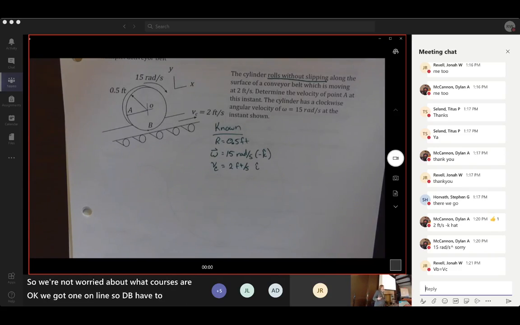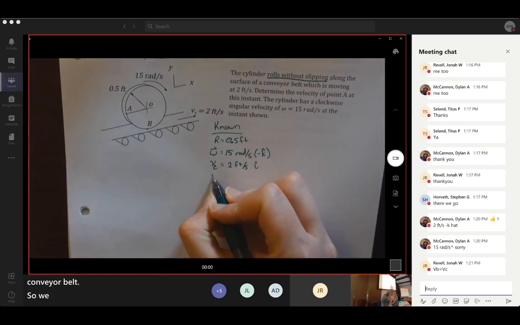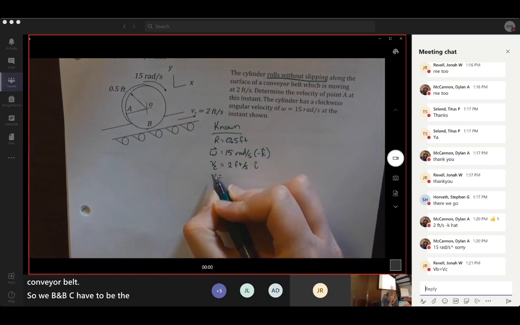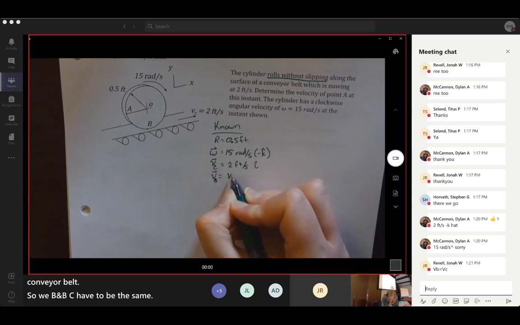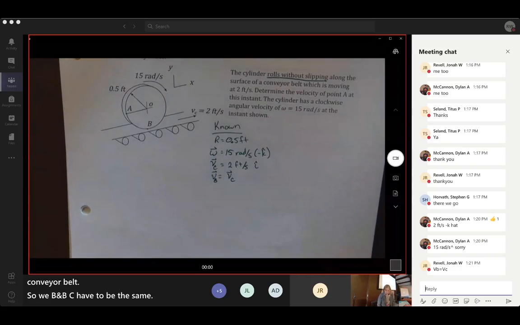If we're rolling without slipping, we can't have a difference in velocity between the bottom of our cylinder and the point it's in contact with on the conveyor belt. So VB and VC have to be the same. Okay. So those are kind of key points.